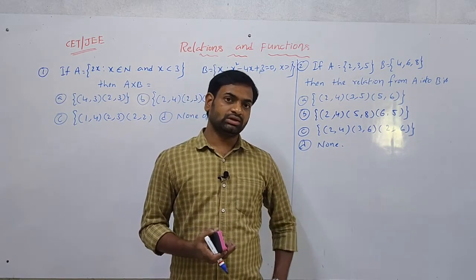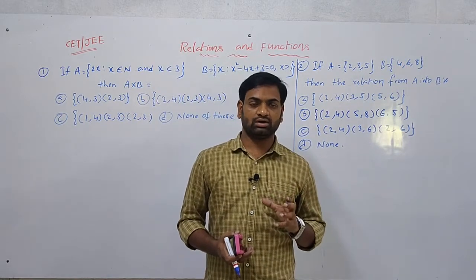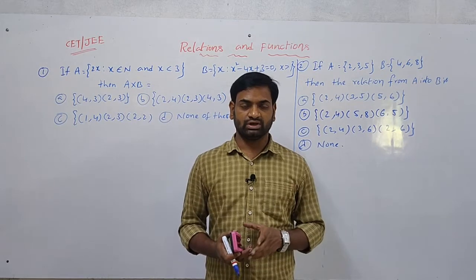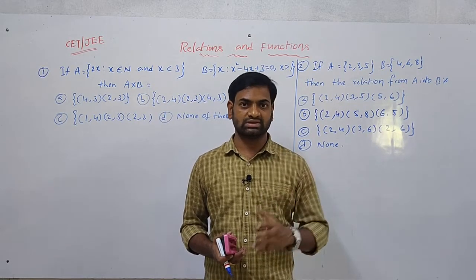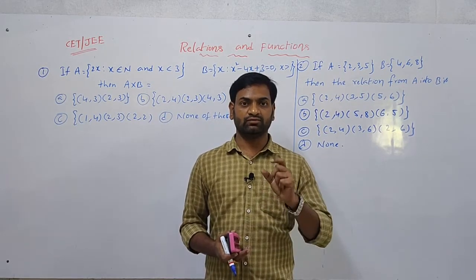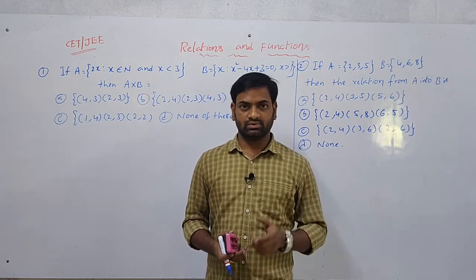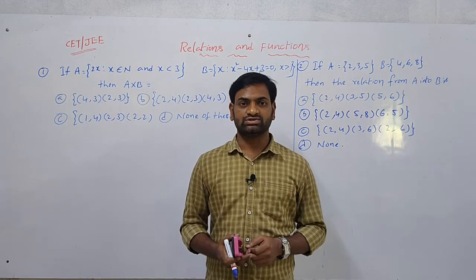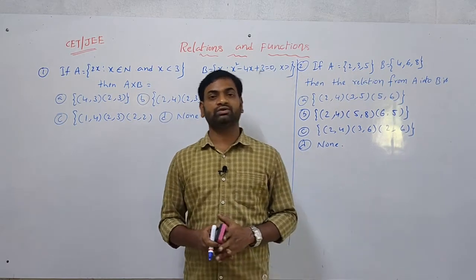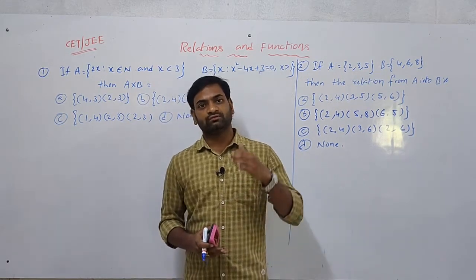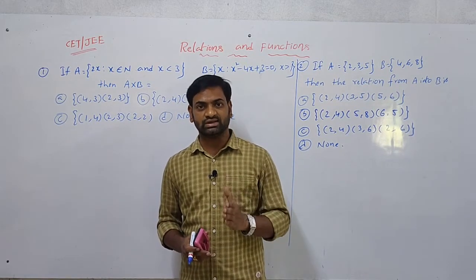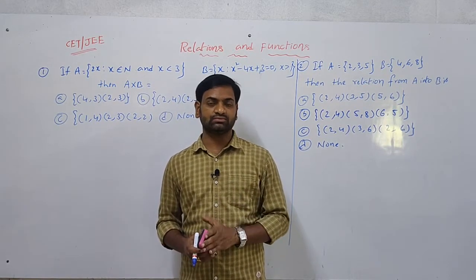Next, what is the shortcut formula for the number of reflexive relations? That is 2 power n squared minus n. Next, the number of symmetric relations is 2 power n(n+1)/2. Next, there is no formula for the number of transitive relations. If the relation is reflexive, symmetric and transitive, then we can say it is an equivalence relation.